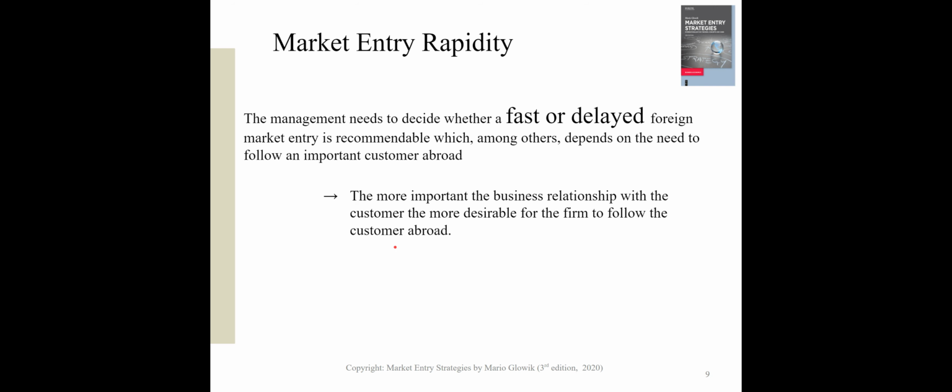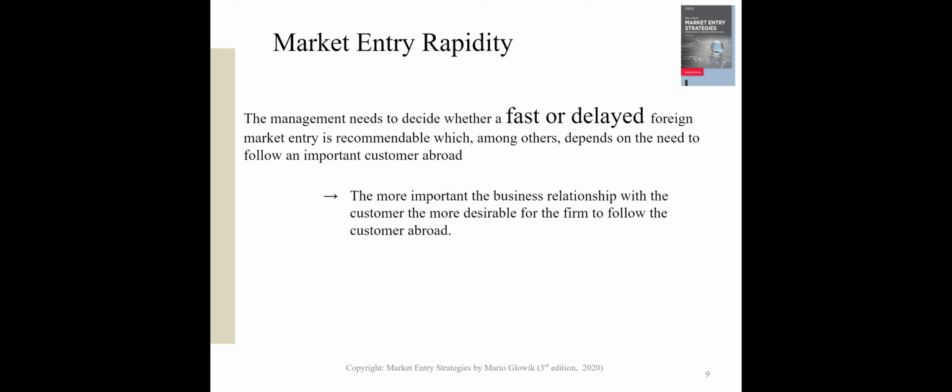Let's assume we deliver in our domestic market to an important customer of ours, and one day that customer tells us that they will establish some operations in a country abroad, and the customer then asks us whether we are ready to follow and set up our own operations abroad, because that customer wants to maintain close bilateral business relationships in order to make sure that our components arrive on time there at the customer.